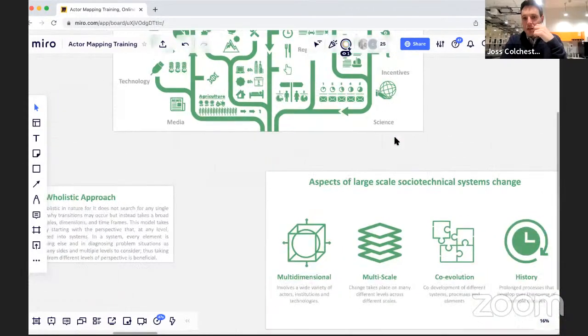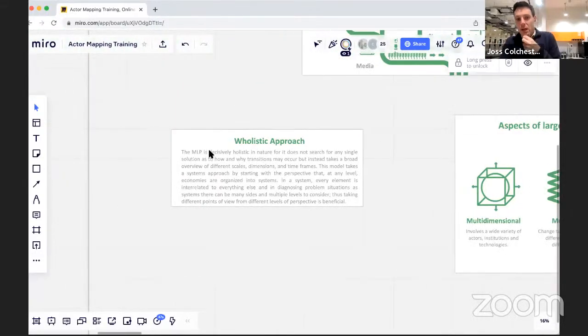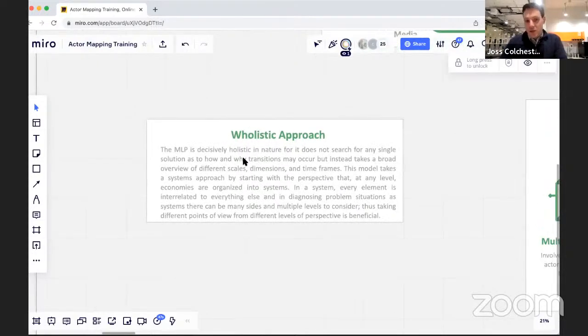So it is a holistic approach, right? That's where it starts. It's decisively holistic in nature. It does not search for any single solution as to how and why transitions may occur, but instead takes a broad overview of different scales, dimensions, and timeframes. This model takes a systems approach by starting with the perspective that at any level, economies are organized into systems.